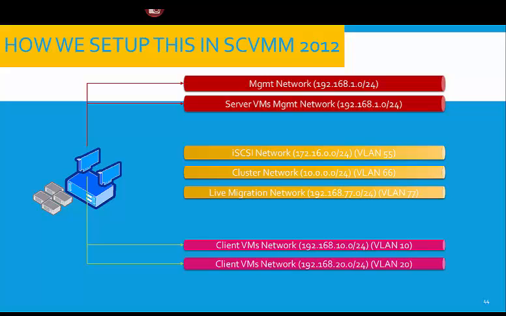Now, as we can see here, we've got our network cards and we've got our different VLANs and subnets configured through SCVMM.